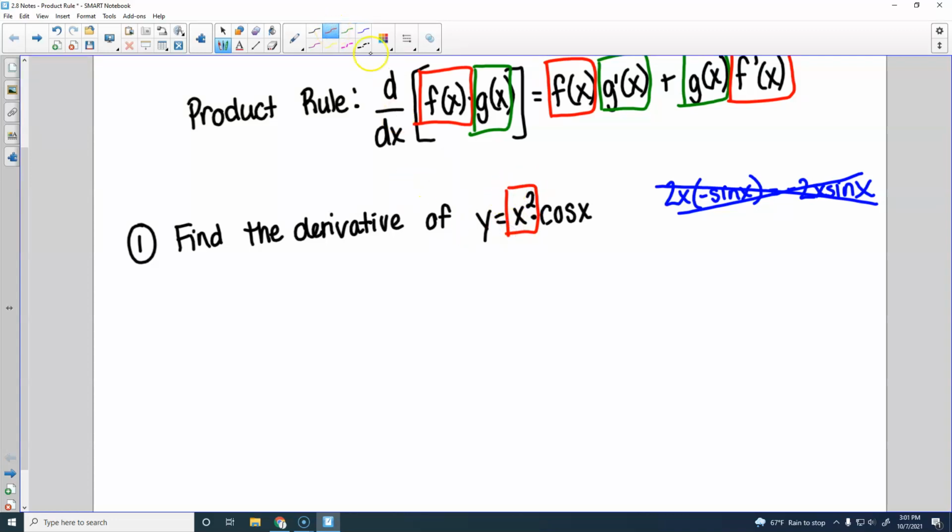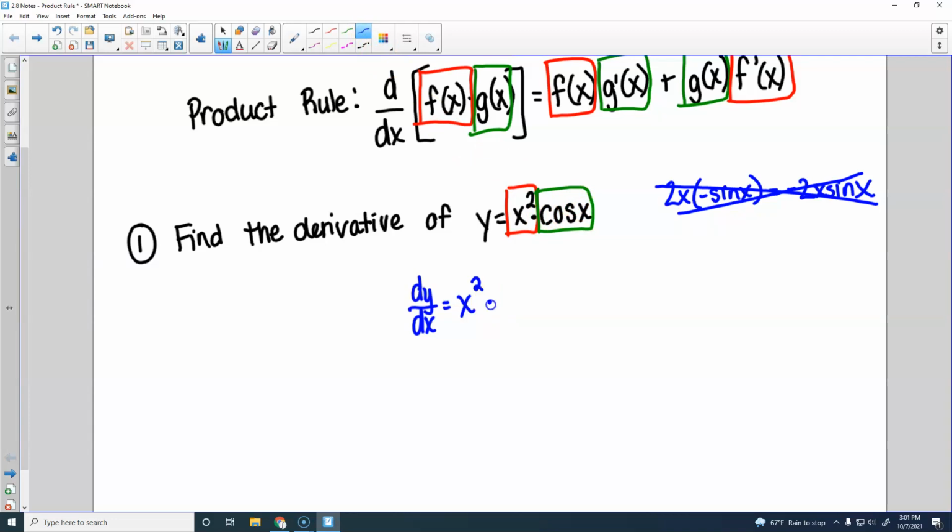X squared is our f of x. Cosine x is our g of x. So when we take the derivative here, we are going to have just f of x, which is x squared. We don't take the derivative, we just write it down. We are going to multiply it by the derivative of cosine x.